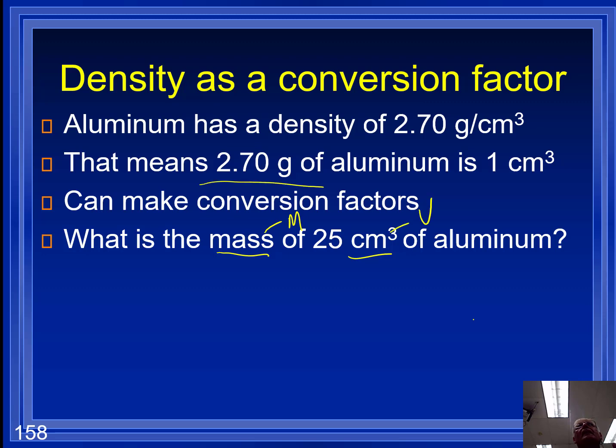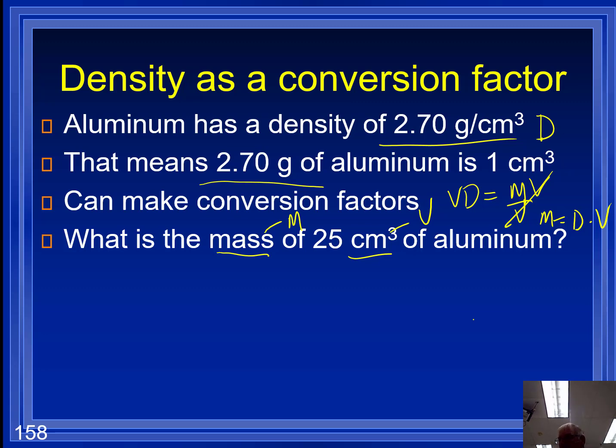And I know the density is 2.70 grams per centimeter cubed. So if density equals mass over volume, multiply both sides by V, I get that mass is density times volume. And then you plug the numbers in. That's how you would have done it. And that would work. That would get you the right answer.